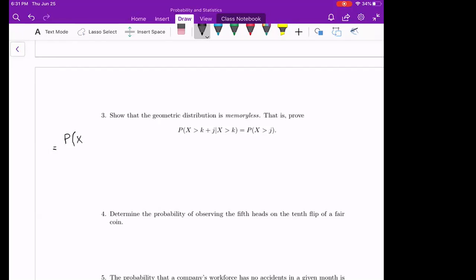So this is the probability of X being greater than K plus J and X is greater than K over the probability that X is greater than K. So that's just by definition. I'm working from the left side. So the conditional probability is equal to this statement that I wrote here already.